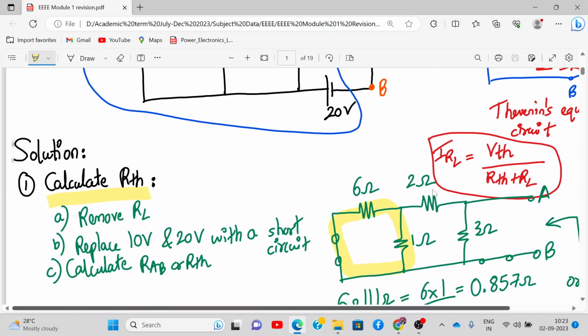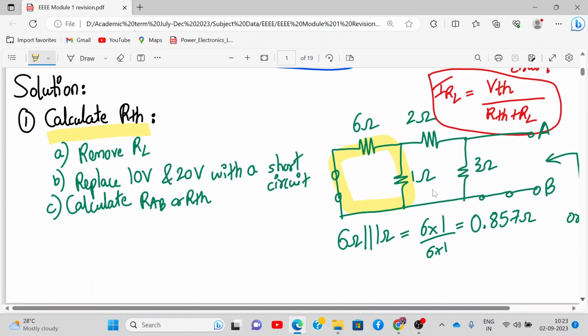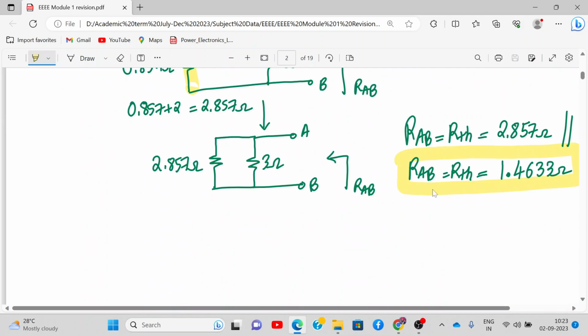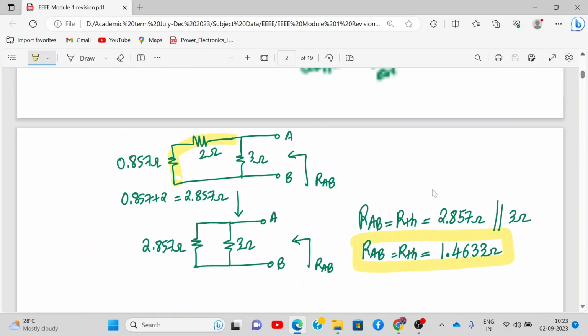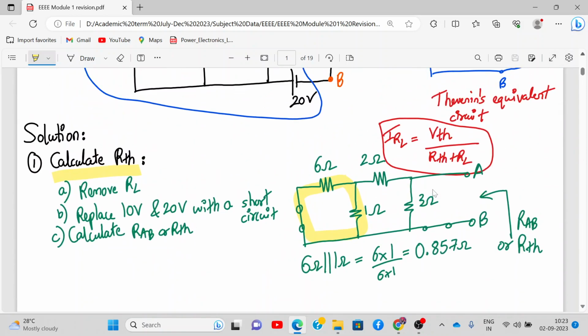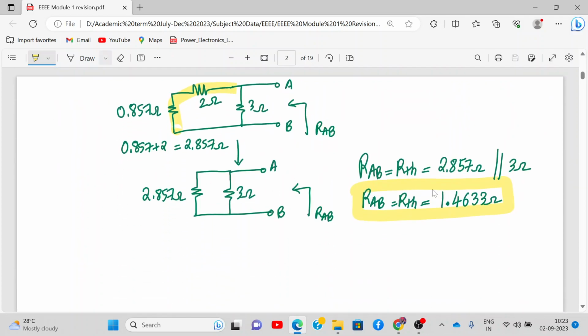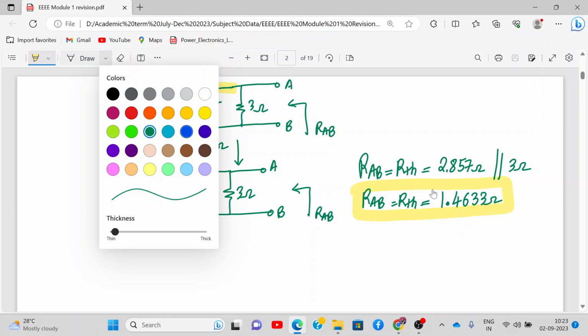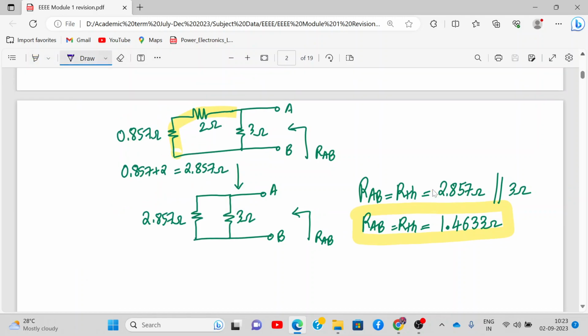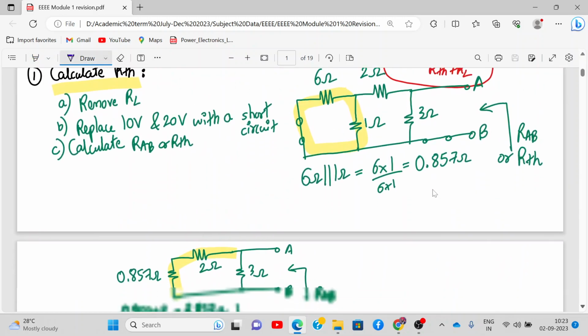We have calculated RTH, and this is how we have done it. Any doubts so far? So can I proceed with the next part? Yes, sir.